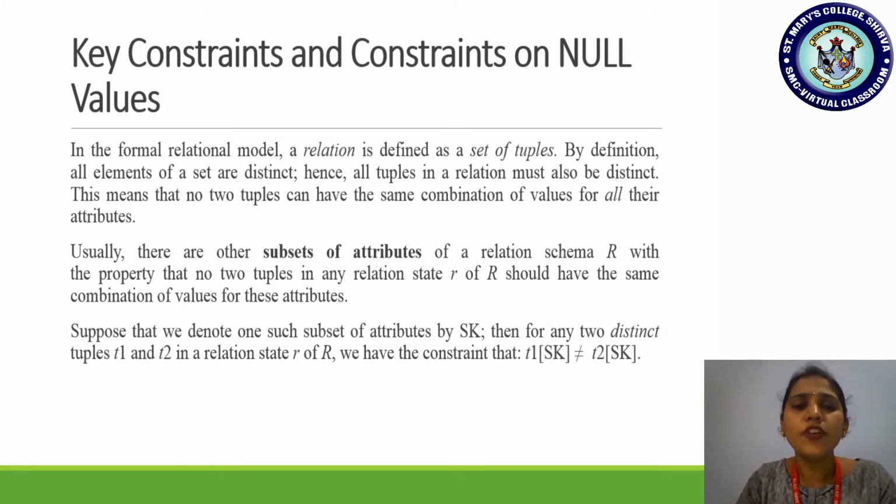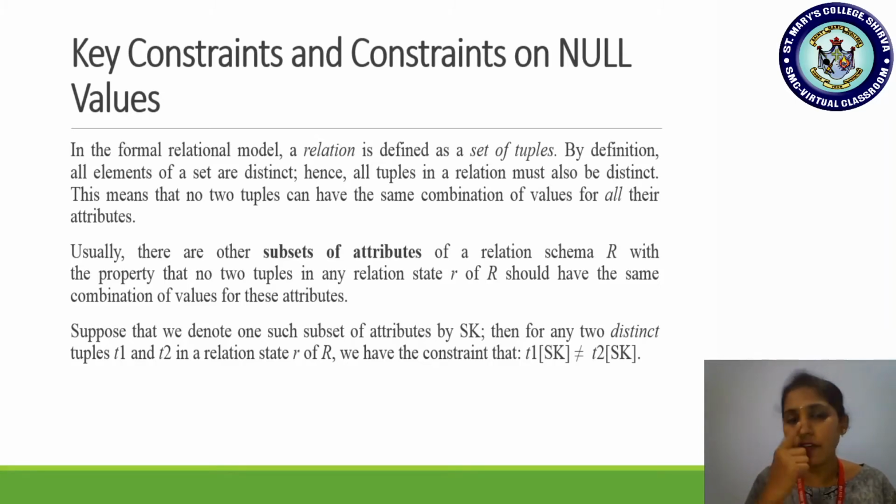This means that no tuples can have the same combination of values for all their attributes. So there are no cases where two tuples will hold the exact same duplicate data.